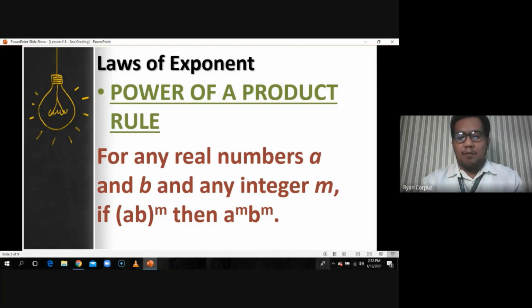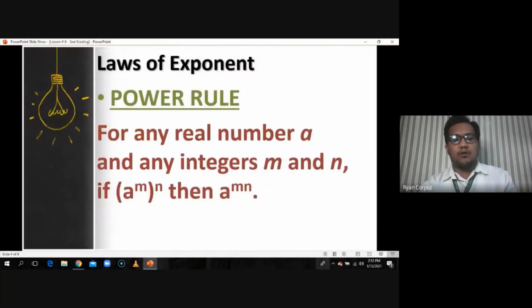So after power of a product rule, we do have also a law of exponent which is what we call the power of a power rule, or also known as the power rule in short. So power rule states that for any real number a and any integers m and n, if you do have a raised to m quantity raised to n, then we'll come up with an answer which is a raised to mn.